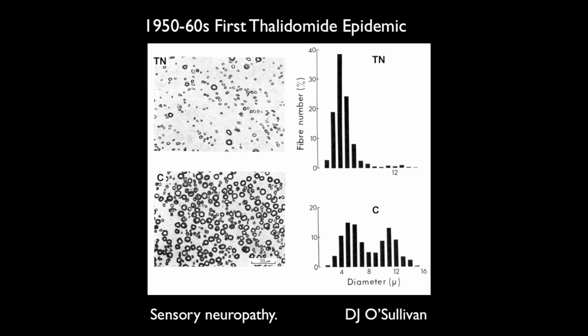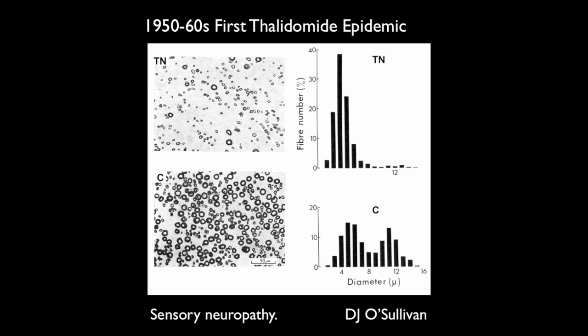It obliterated large diameter fibres, replaced them with multiple small fibres, and that is the normal response of nerves to injury. And thirdly, it reduced the cross-sectional area of the affected nerve trunks.